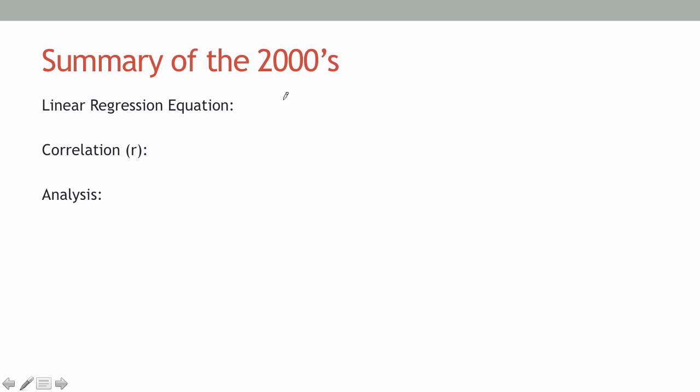The equation was y equals negative 0.7x plus 6.4. So out of the 80s, 90s, and 2000s, this was the only one that actually showed a negative relationship. Our correlation was negative 0.863. So our analysis, this is a fairly strong negative relationship.